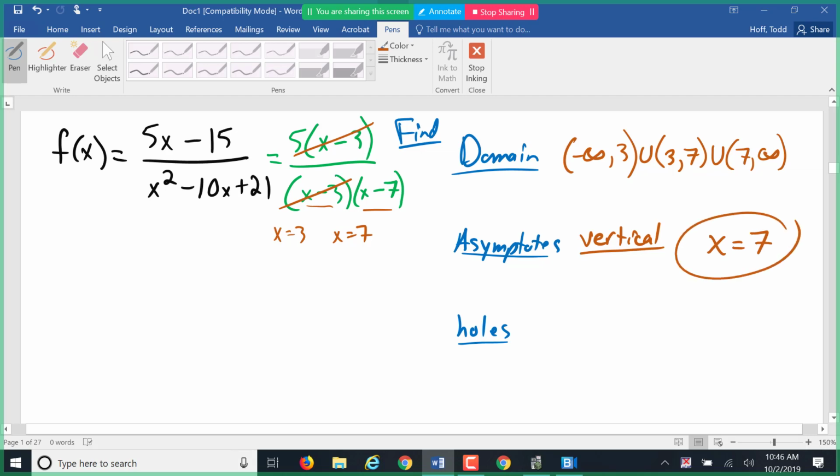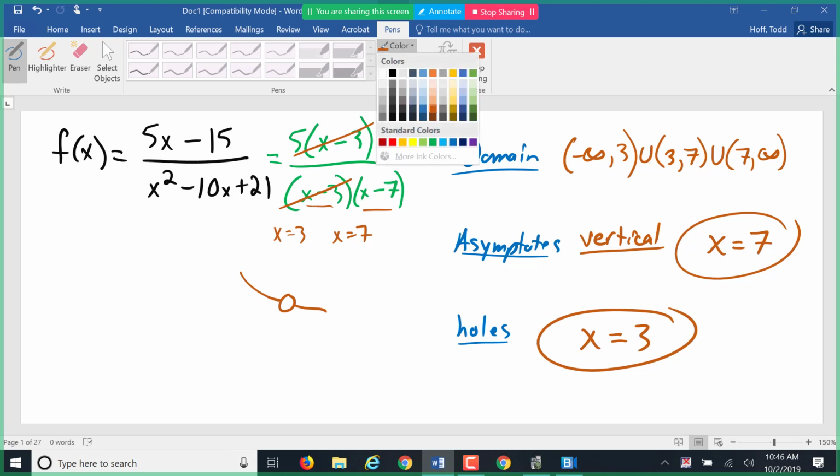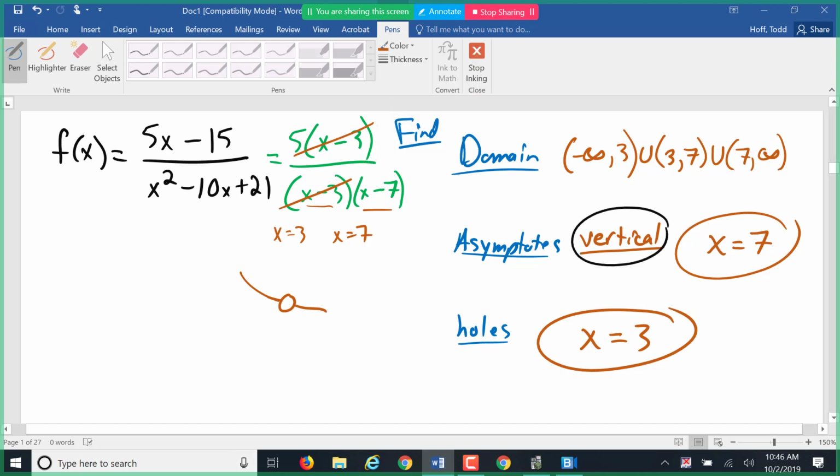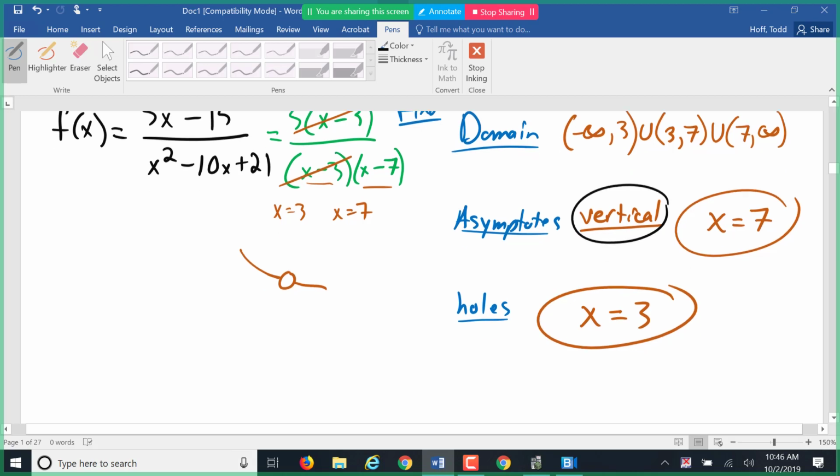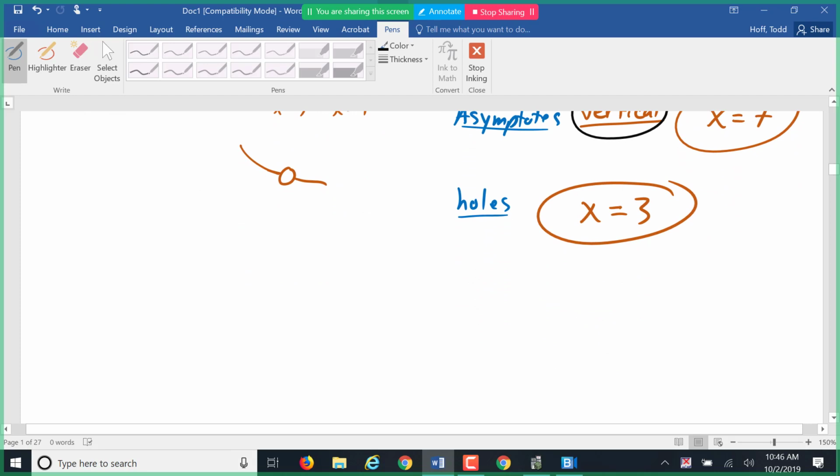Since the x equals 3 canceled out, we get a hole at the domain value of x equals 3. So whatever that curve is looking like, when it hits 3, there's just going to be a hole in the curve. So that's vertical asymptotes. The main thing to deal with the vertical asymptotes is making sure we don't divide by 0. We're looking strictly at the denominator, using the numerator only to see if we can cancel out any factors.